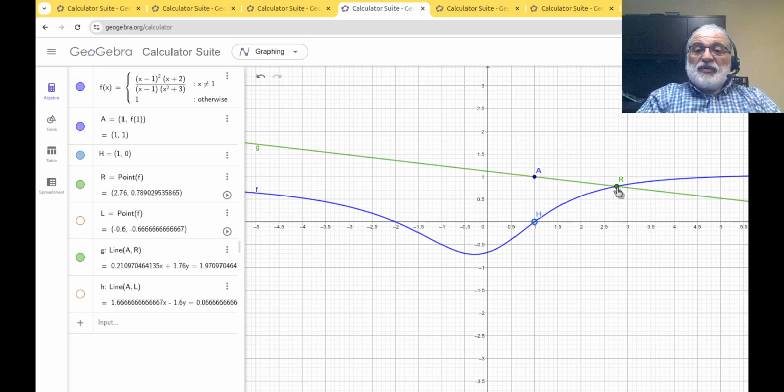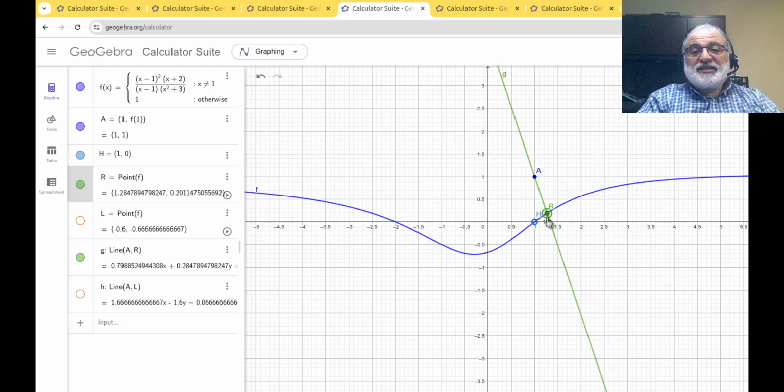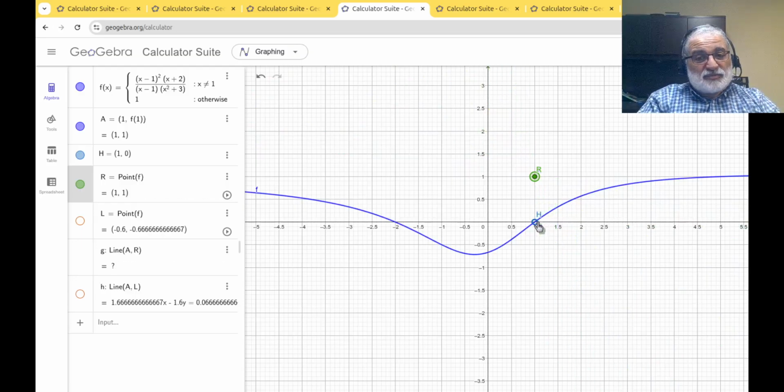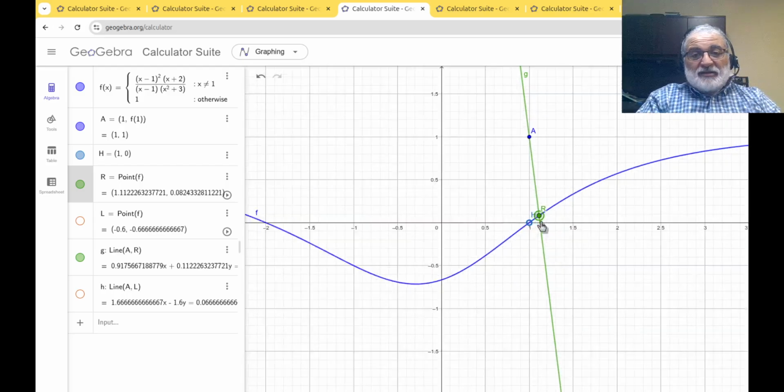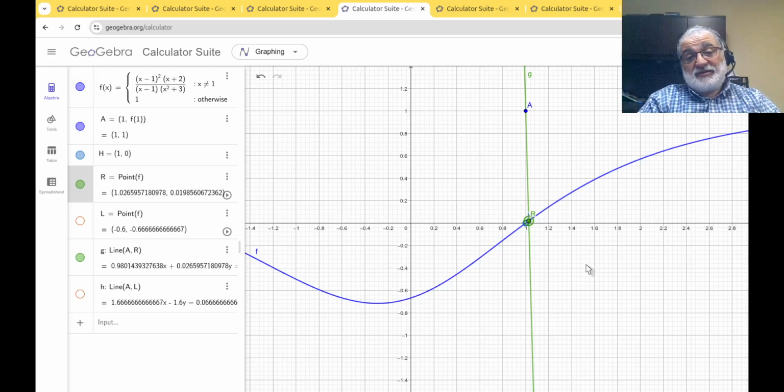And then we bring this point closer and closer. And what is happening as you observe that? What is this line approaching? It's approaching a vertical line. So we have the same problem again. The slope of a vertical line is undefined.